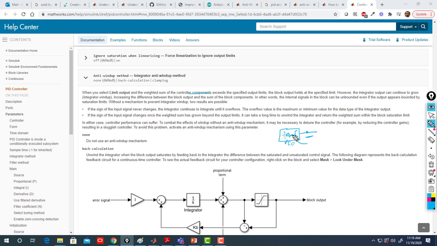So when this weighted sum exceeds the specified output limit, the block output halts at the specified limit because you are adding a saturation block. However, the integrator output can continue to grow, and that's what we call integrator windup, increasing the difference between the block output and the sum of the block components, before the saturation. In other words, the integral signal in the block can be unbounded even if the output appears bounded by the saturation limit.